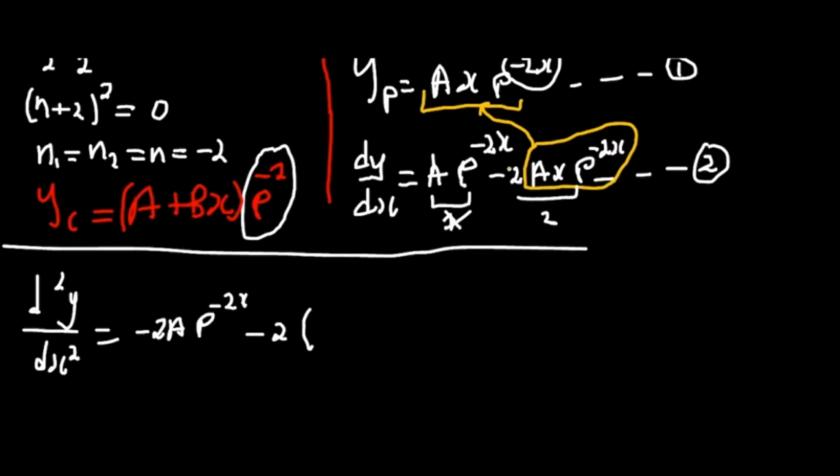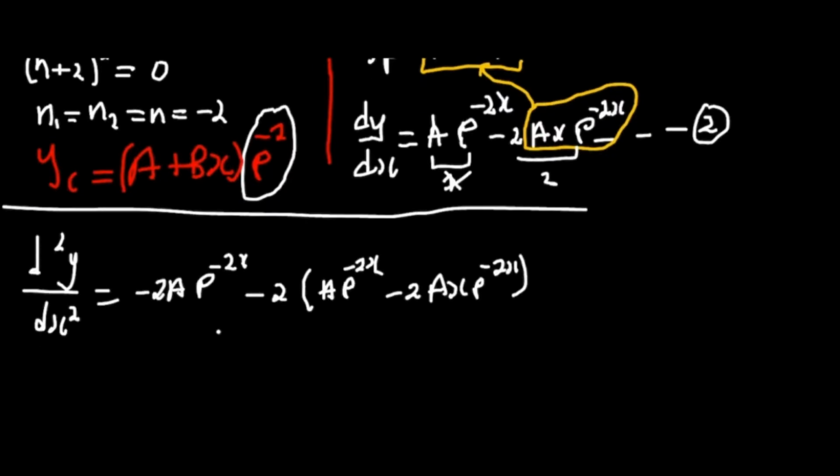It means the derivative of this function, when we factor out minus 2, will simply be equation 2. So I'm going to write here a e to the minus 2x minus 2ax e to the minus 2x.